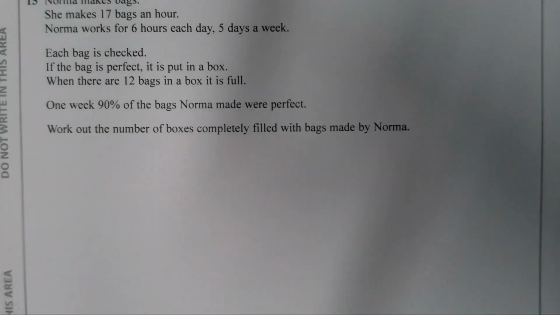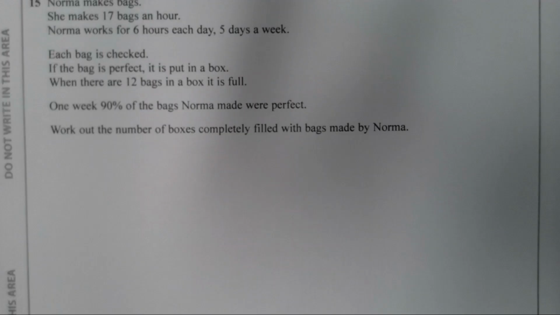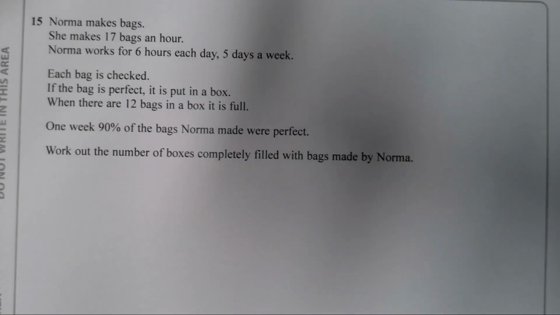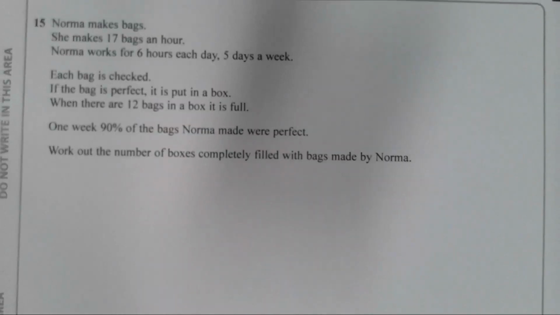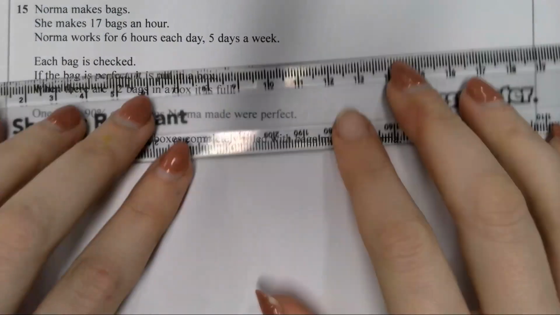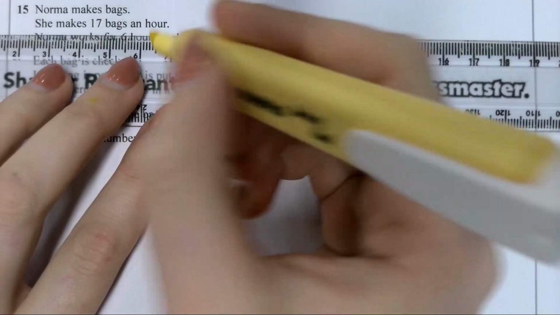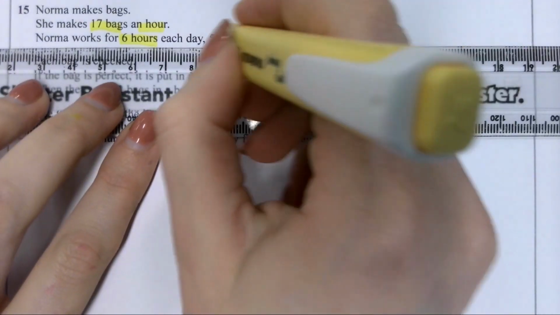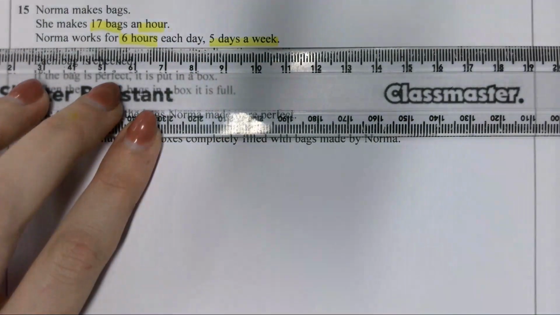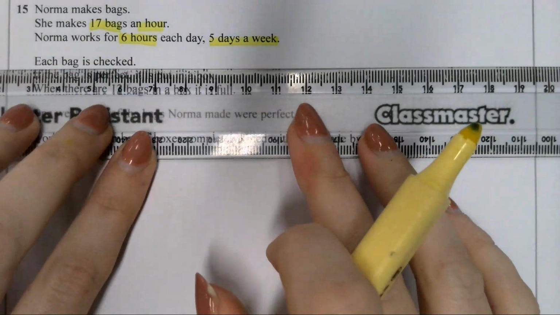Question 15. Norma makes bags. She makes 17 bags an hour. Norma works for 6 hours each day, 5 days a week. Each bag is checked.